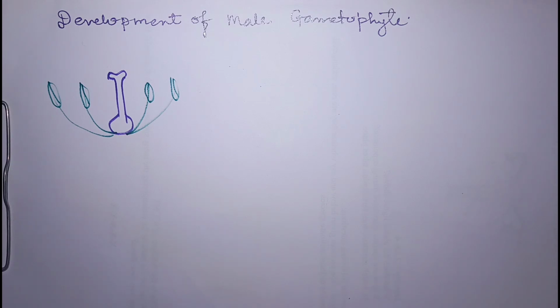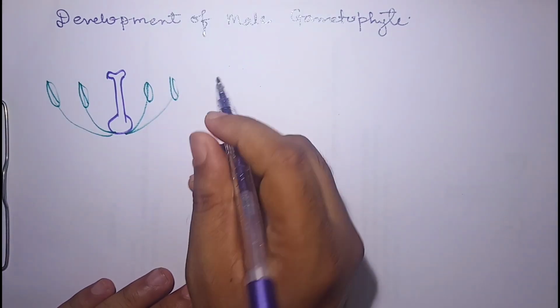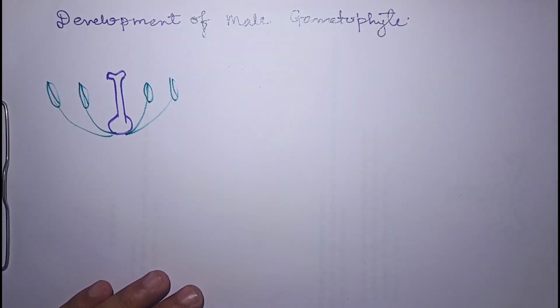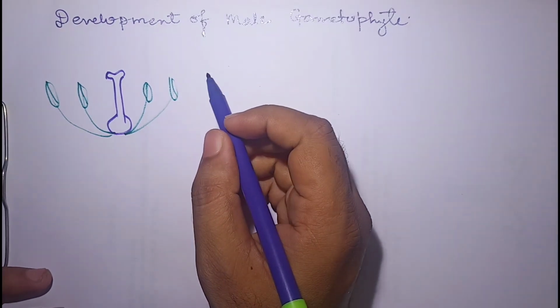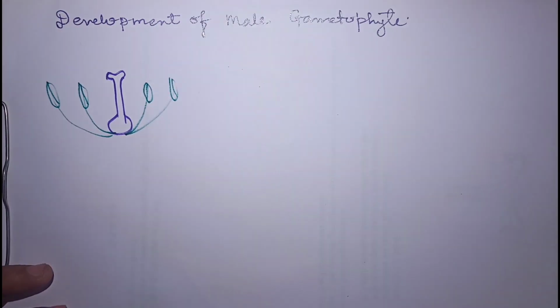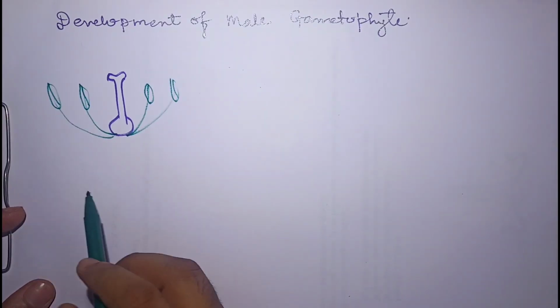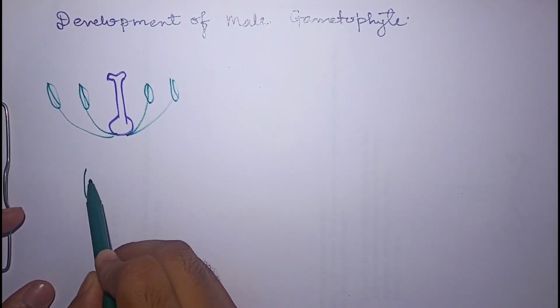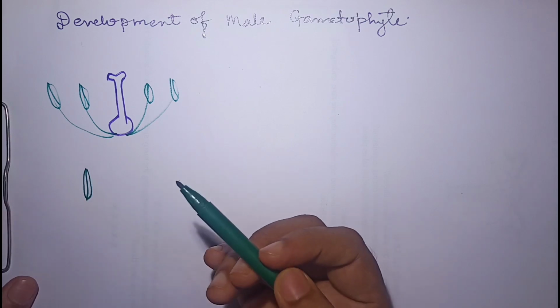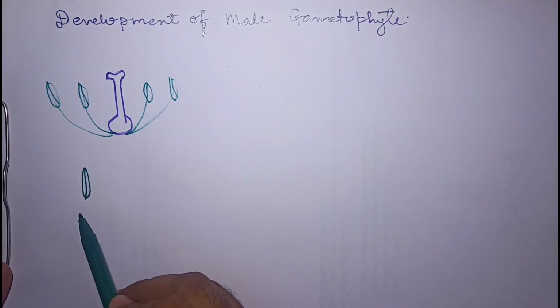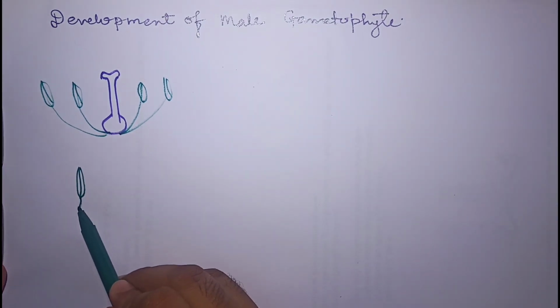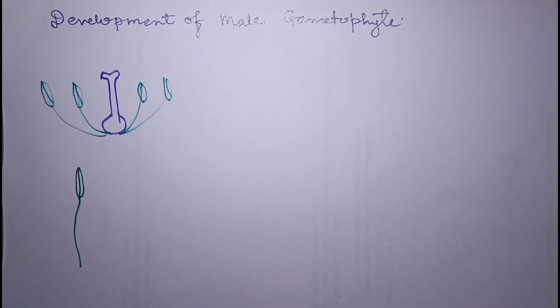Now today we are going to study that this androecium is actually divided into two parts. If I draw this androecium down here, this is the upper part of androecium, and this is the fine stalk of this androecium, right?